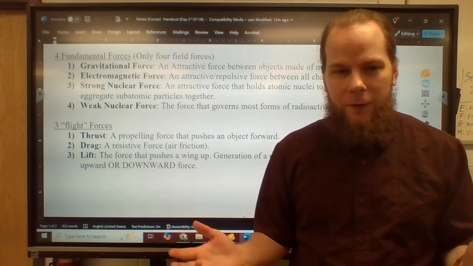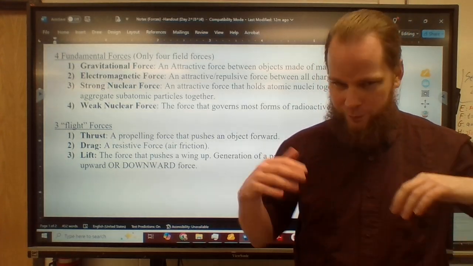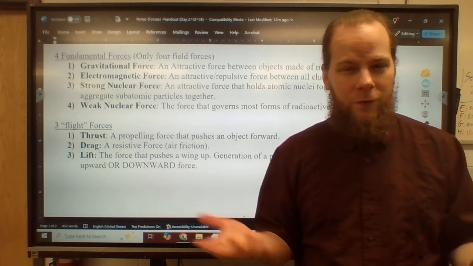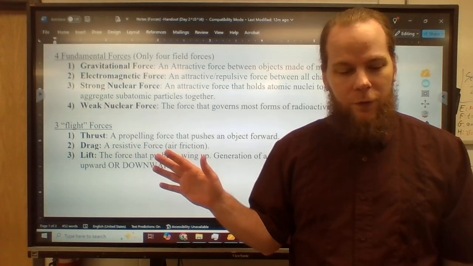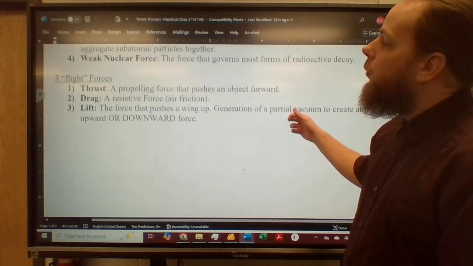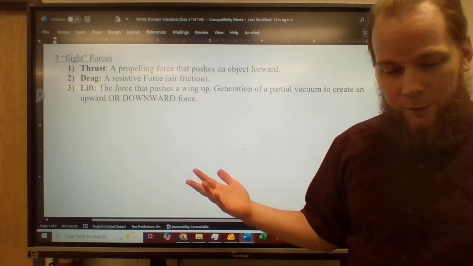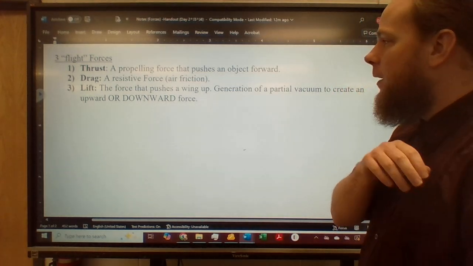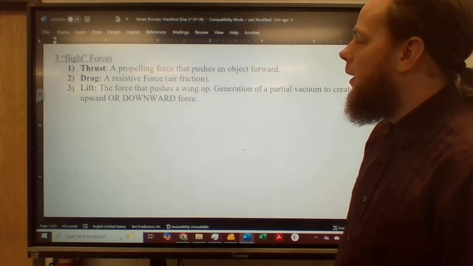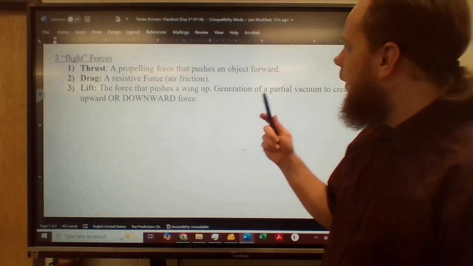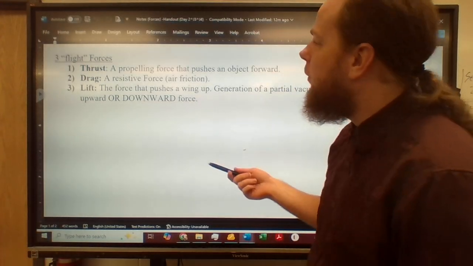They're really just common day forces that we're going to spend a little time on. So those three forces, two of them are actually flight forces. Drag, thrust, lift are the three forces. I didn't list those in order for some reason.